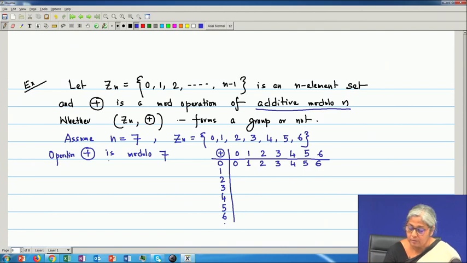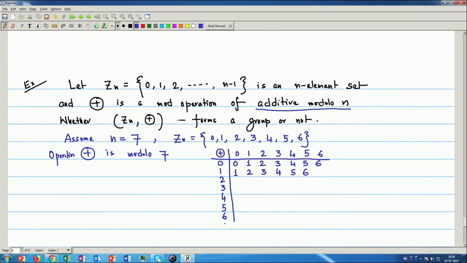Now, for 1 plus 0, this becomes 1, because 1 divided by 7 remainder is 1, then 2, this becomes 3, 4, 5, 6. Now, 6 plus 1 is 7, and if I take 7 modulo 7, that becomes 0, because the remainder is 0. So, I give here 0. Now, 2 plus 0 is 2, 3, 4, 5, 6.